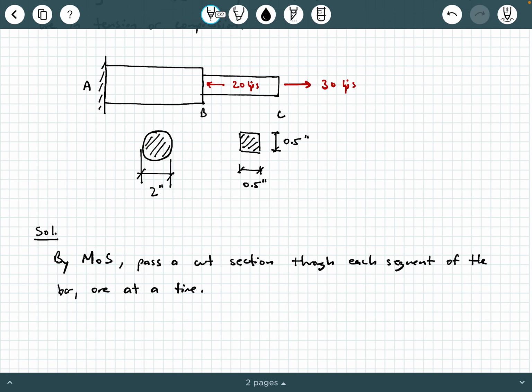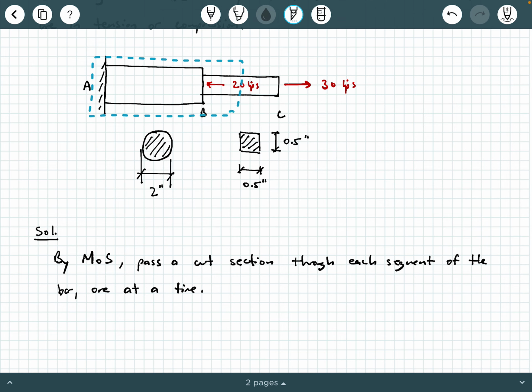So let's look at the first cut section through member BC. I'm going to make a cut through member BC, and I'm going to look at one side of that cut or the other. Does it matter if I look at the right side of where that cut is going to be, or if I make this cut here and look at the left side?